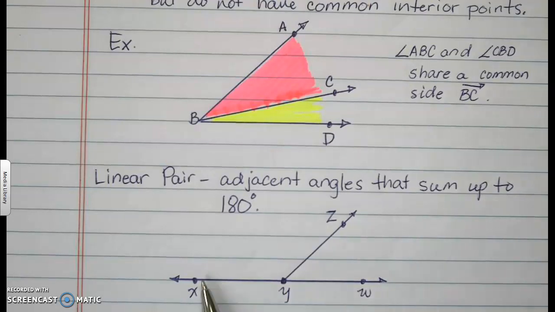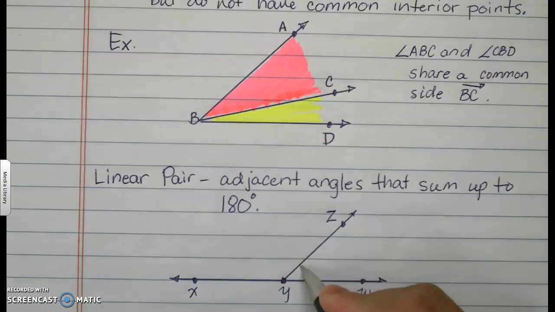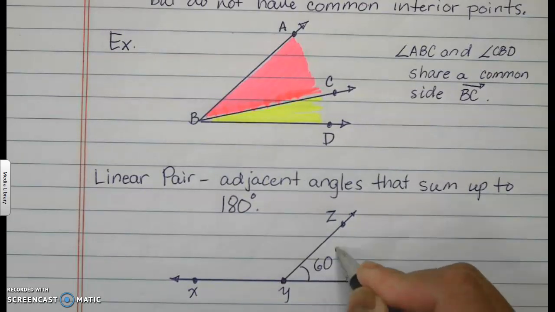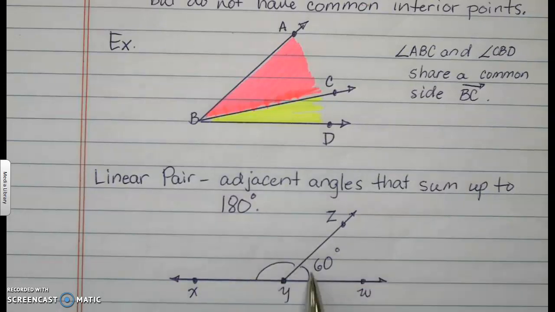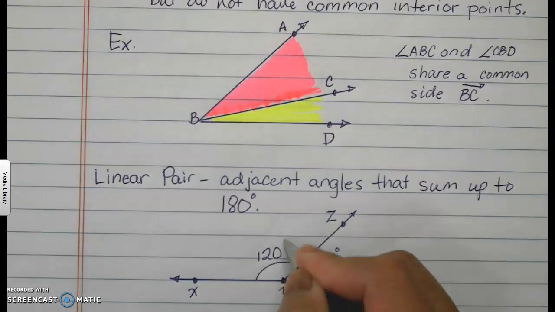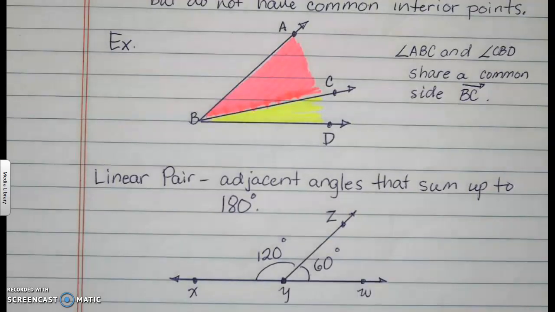Angle XYZ and angle ZYW form a linear pair because they're adjacent, and when you look at this, they form a straight line. So their measurements sum up to 180 degrees. How will that look in an example? I can have infinite ways to do this, but I will just pick, let's say, 60 degrees. Of course, if that's 60, then this has to be 120 degrees. And that sums up to 180 degrees.